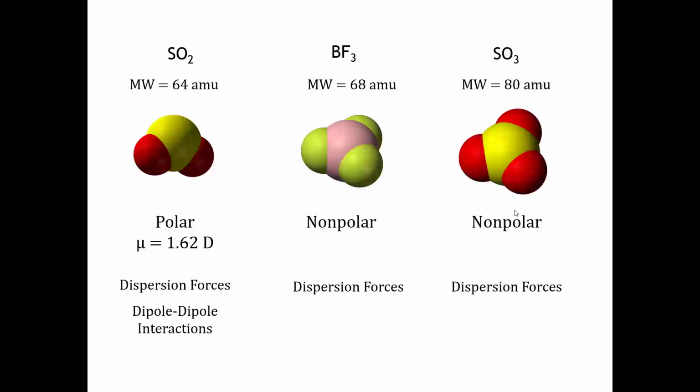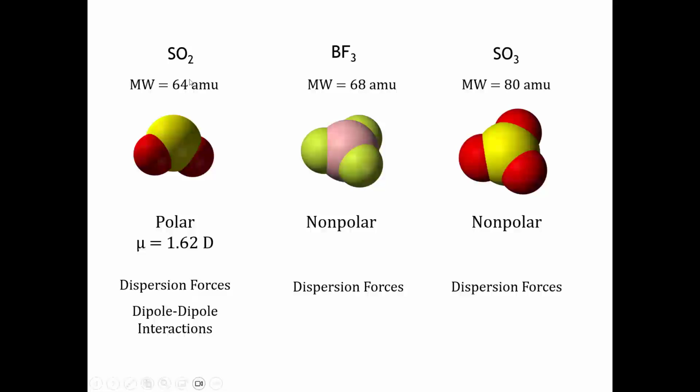The natural logic that one would use is to say that boron trifluoride is going to have the weakest intermolecular forces. It only has dispersion forces, and it is lighter than SO3, so we expect its dispersion forces to be less than SO3. And then when comparing SO2 to the other 2 molecules, it's a little bit ambiguous.